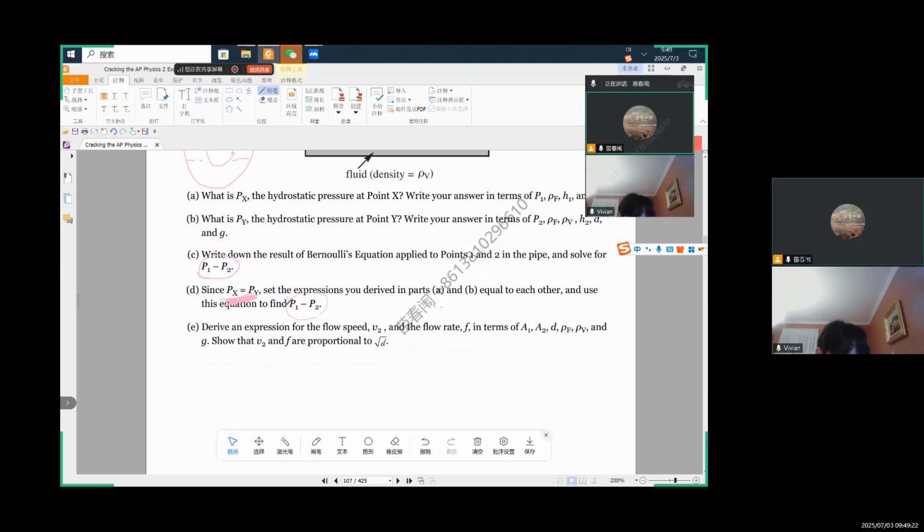And this also is P1 minus P2. They should be equal with each other, right? There's no new information, so C and D should work at the same time, right? Does that make sense?